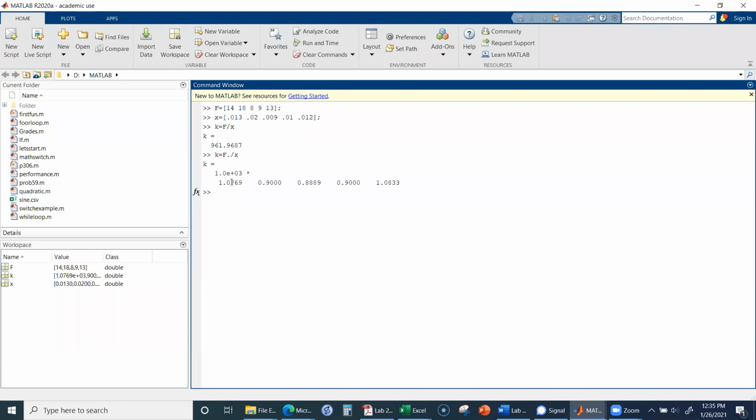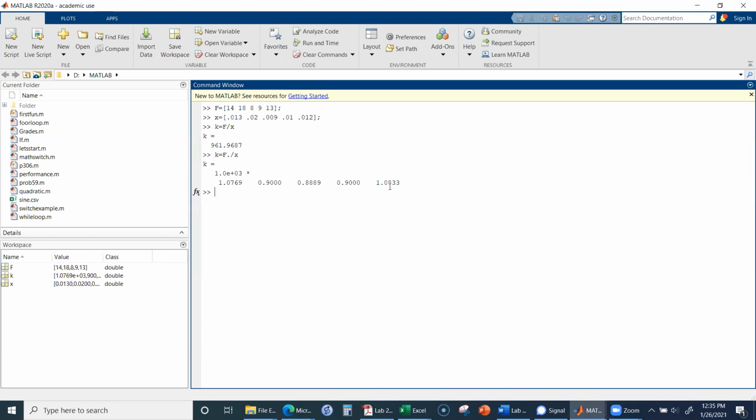So in this case, each value of k which I will be getting will correspond to these f and x values. Sorry to interrupt. Basically, it means that we should divide by the scalars of this vector. Yes. So we are taking the element by element division. So it will be like a scalar division.